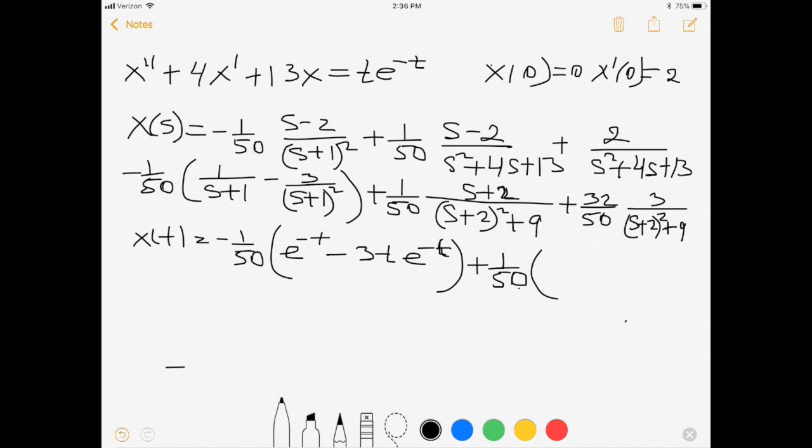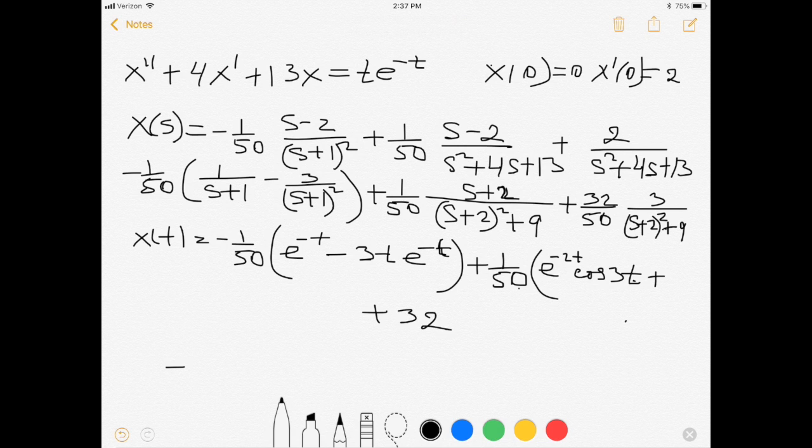S plus 2 over s plus 2 squared plus 9 will be cosine 3t. But because we have plus 2 every time, this means e to the negative 2t cosine 3t, plus what we have here, plus 32.